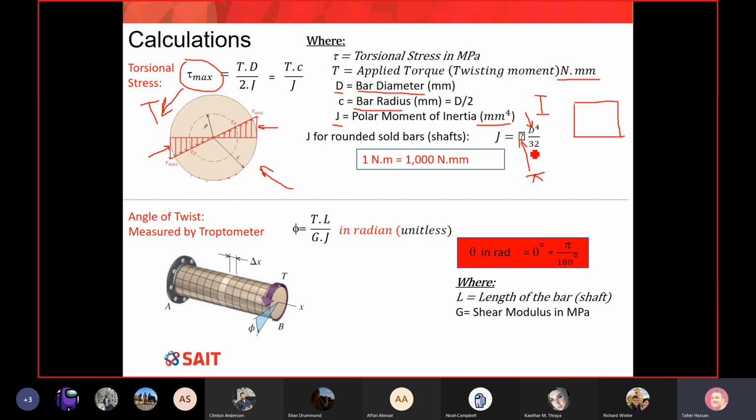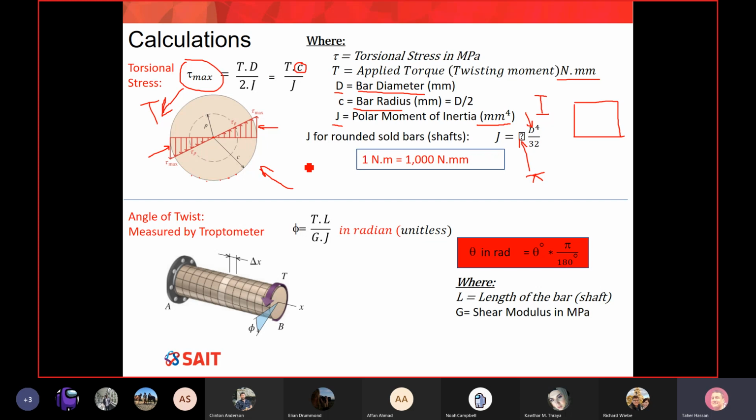Okay, so now you know what stress means, and that's how we estimate the stress. And remember, if I want to estimate the stress anywhere between the center and the outside, I need to replace this C here by the distance from the center to this point. Obviously, the maximum is at the very end, which is the surface.